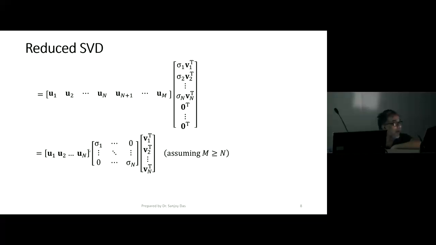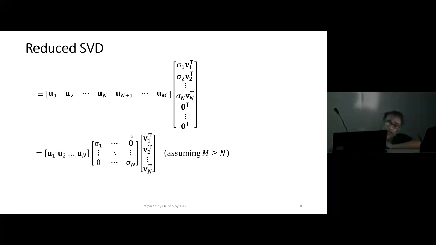Now this matrix here, the U's are m-dimensional, m as in Maryland. But how many columns do we have? We have n columns, right? And each of them is an m by 1 matrix. So this is an m by n matrix this time. It's a tall matrix.